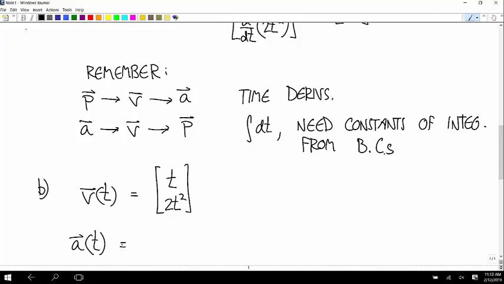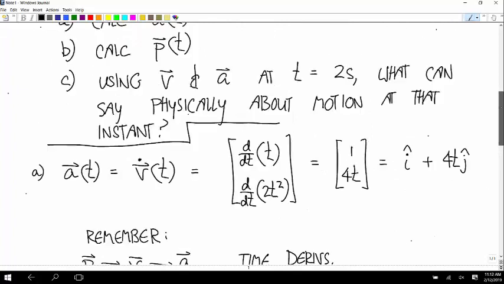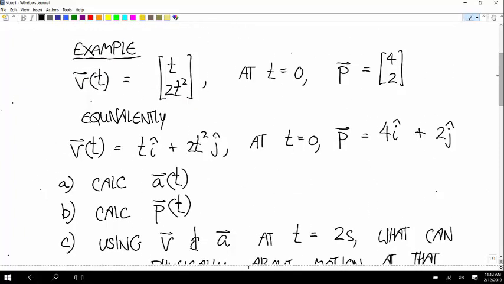Now we have to integrate two separate components, and each one has a different constant of integration. So we need boundary conditions for each step that you make, going from position to velocity and velocity to acceleration. If this was a 1D problem, we'd have something like at time equals 0, p is equal to 4, and that's all we need. Here we need both components.